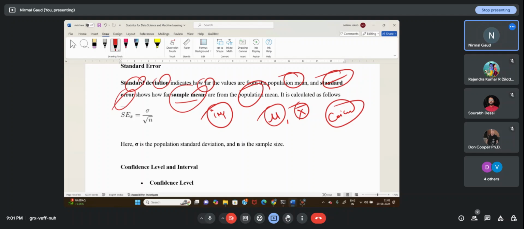Population is huge. So the difference between the population mean and the sample mean is called the standard error. It is calculated as sigma upon square root of n, where n is the sample size and sigma is the standard deviation.